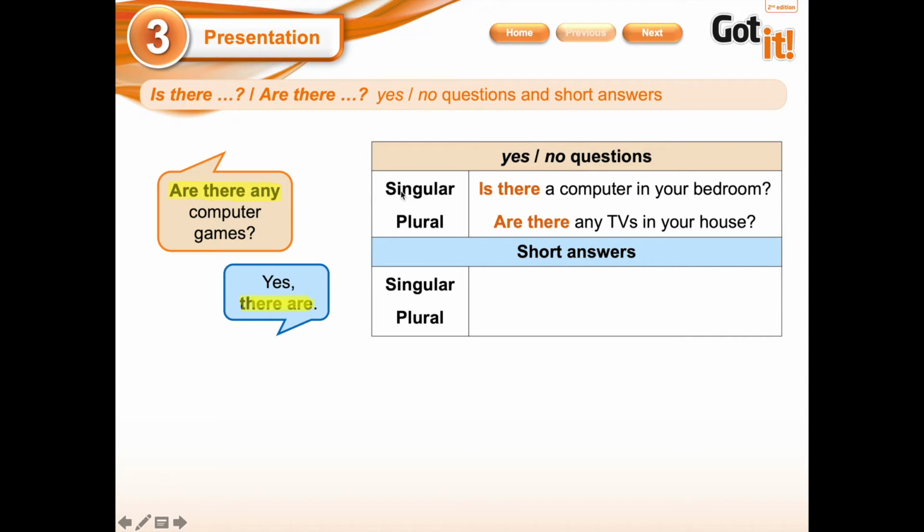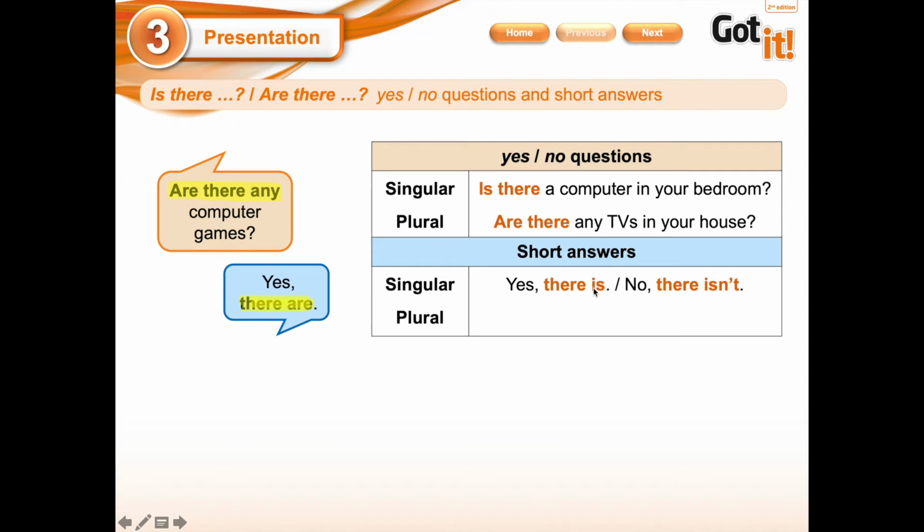And what are the possible answers? For example, is there a computer in your bedroom? What is the possible short answer? Yes, there is. No, there isn't. Okay? Remember that this is positive, positive, negative, negative. For example, you cannot say no, there is. And in this case, yes, there isn't.